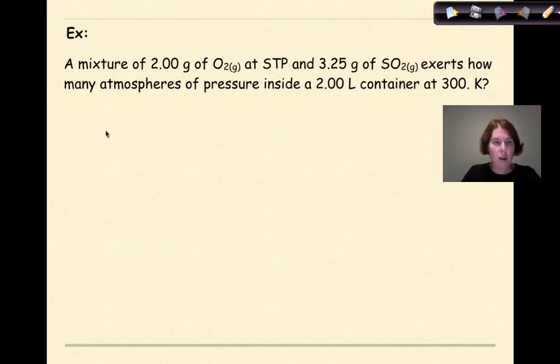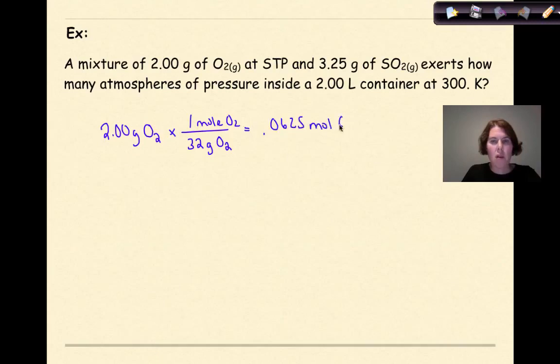So I have 2.00 grams of oxygen gas, and I know that the gram formula of oxygen is 32 grams of oxygen for 1 mole of O2, and if I work that out, I get 0.0625 moles of O2. I'm not going to worry about significant figures here. This is part of an equation, so I'm not going to truncate it at all.